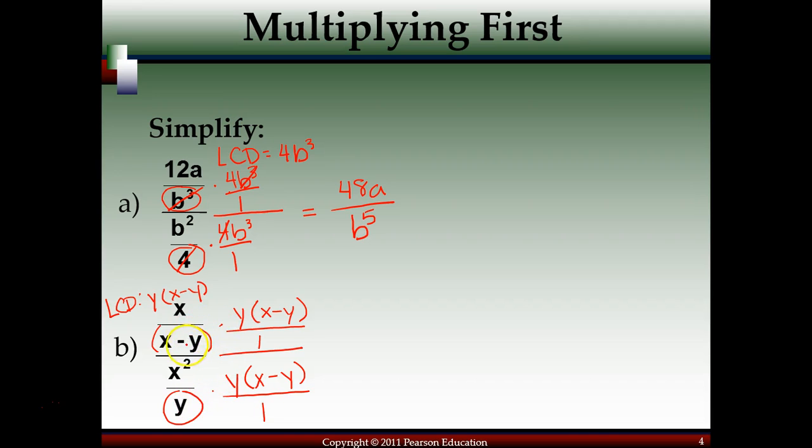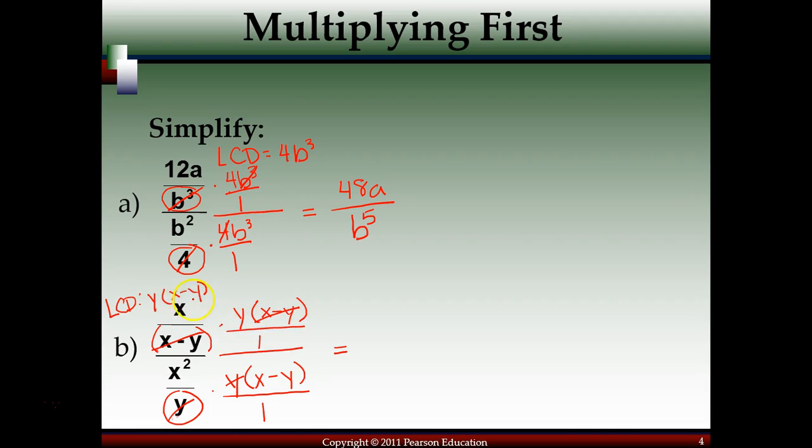Now start canceling things at this point. This factor cancels out this one, and this one cancels out this one. Now multiply straight across in both the numerator and denominator. Since this canceled out, that's 1 times 1, so we get nothing there except 1.